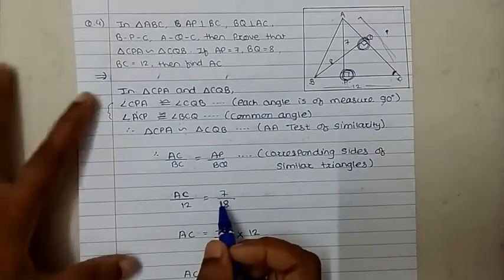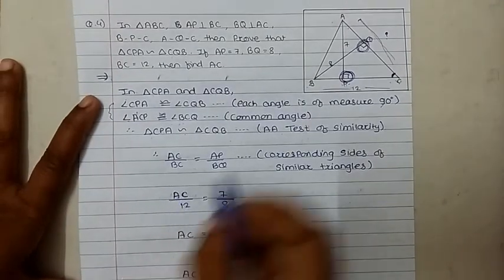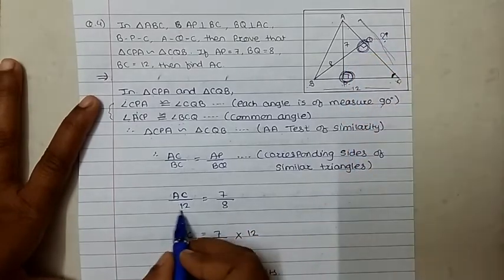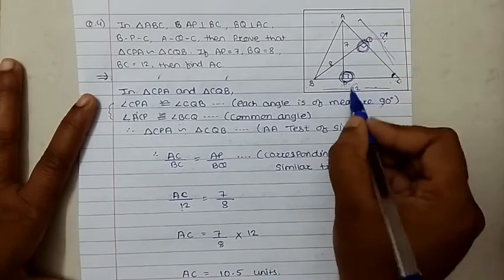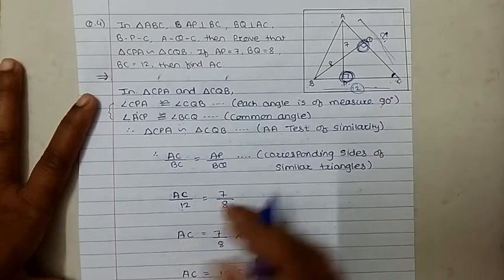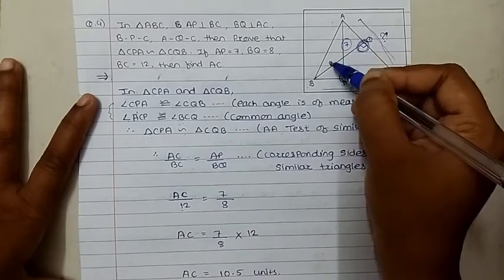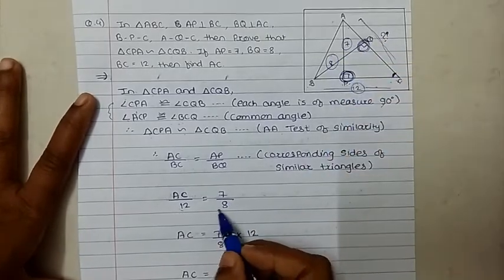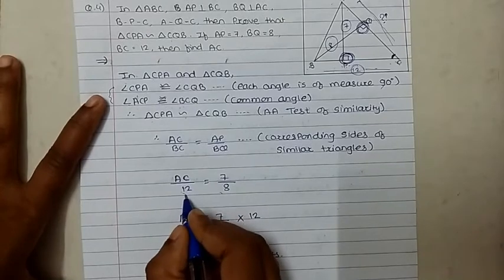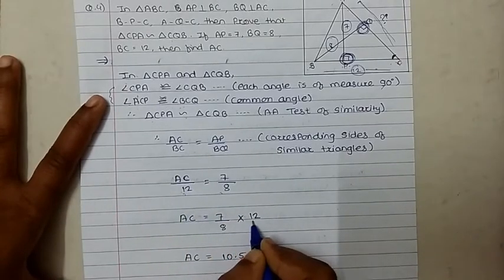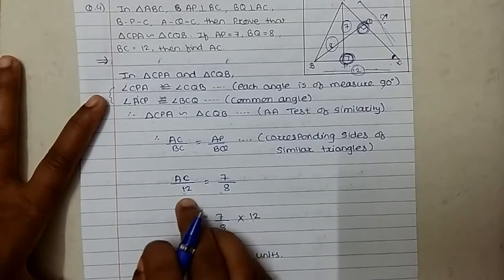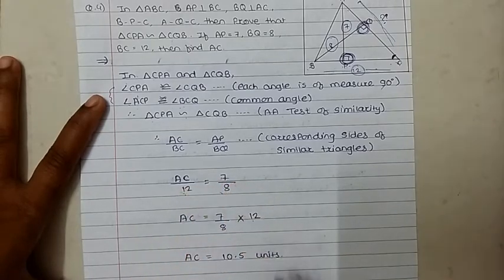What is the value of AC? We don't know, we have to find out this value. BC is 12. AP is 7 and BQ is 8. So 7 upon 8, then this is in multiplication. When we change the side, the denominator goes to multiplication.